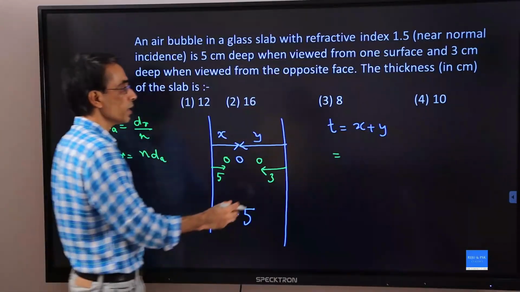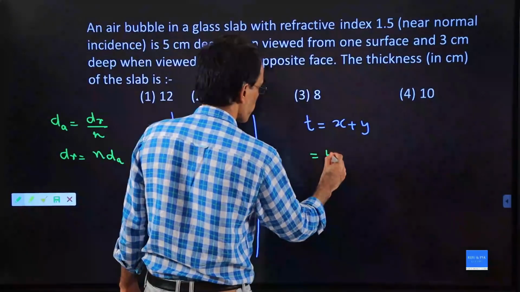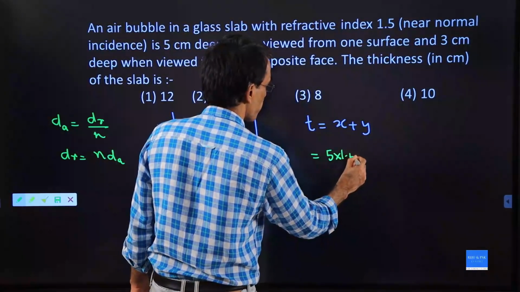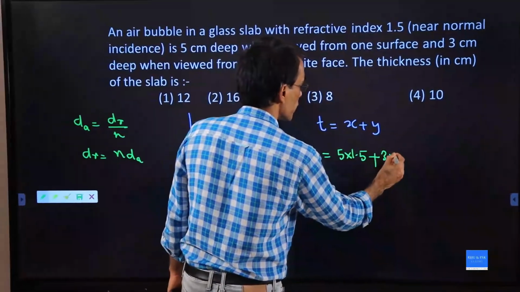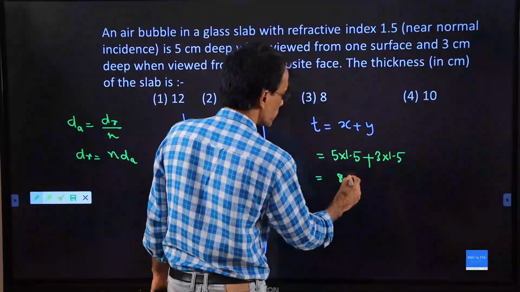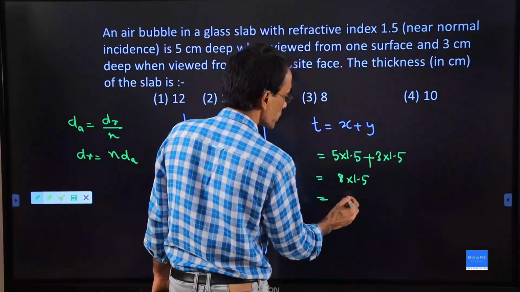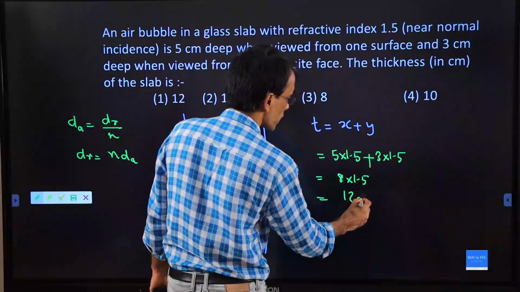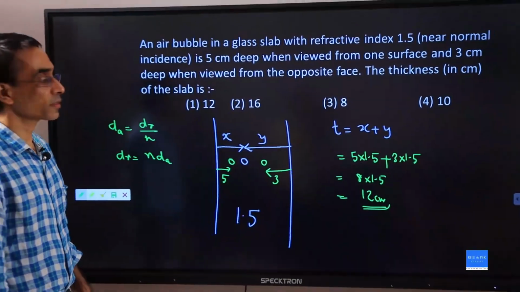So the real depth x is 5 into 1.5, plus y will be equal to 3 into 1.5. This gives you 5 plus 3, 8 into 1.5, and that must be equal to 12 centimeter. So the thickness will become 12 centimeter.